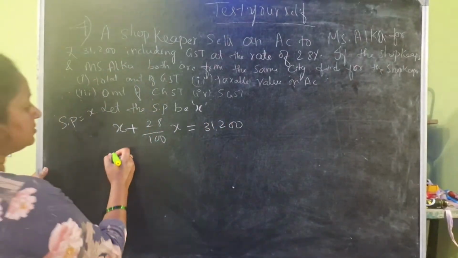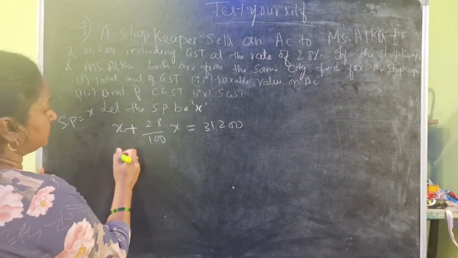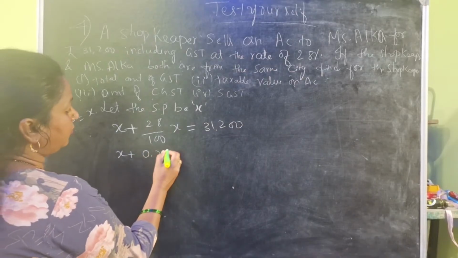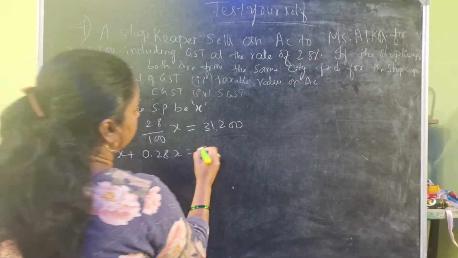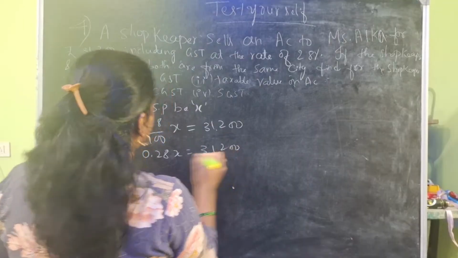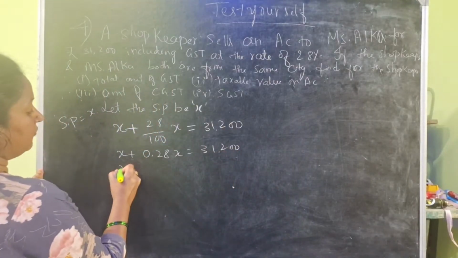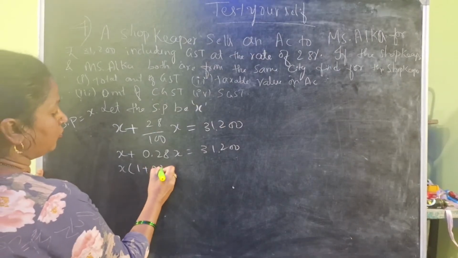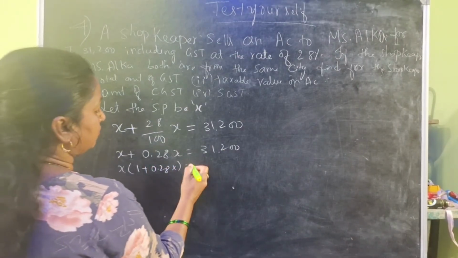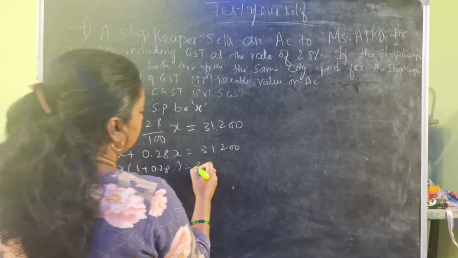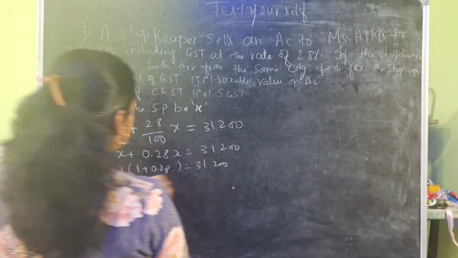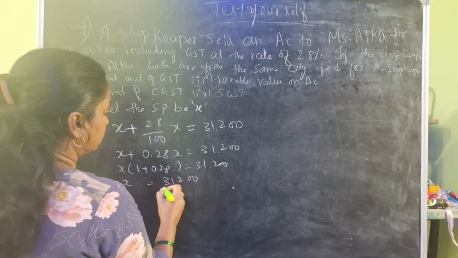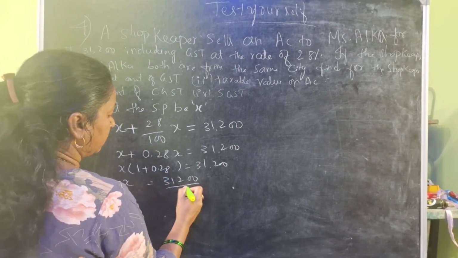That means X plus 0.28 of X is equal to 31,200. If we take X as common, (1 plus 0.28) X is equal to 31,200, and X is equal to 31,200 divided by 1.28.